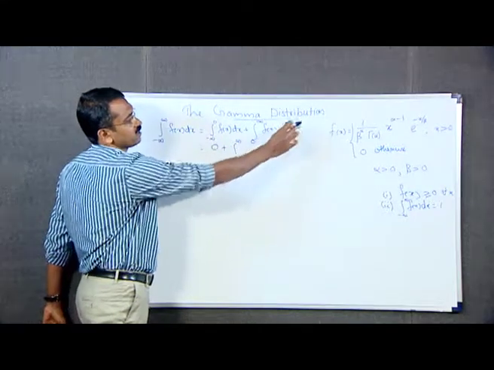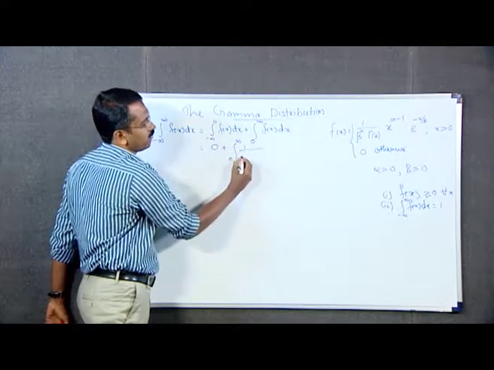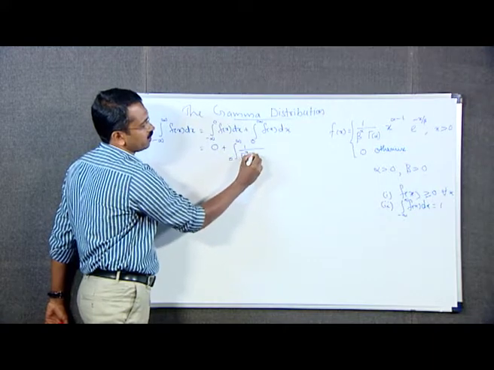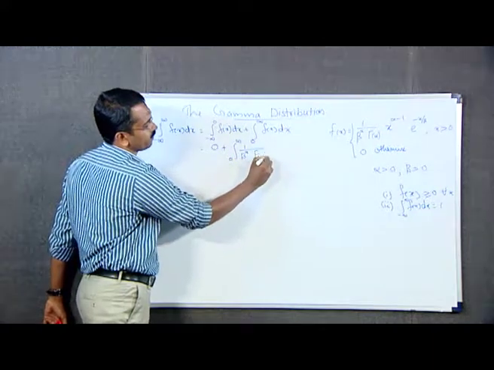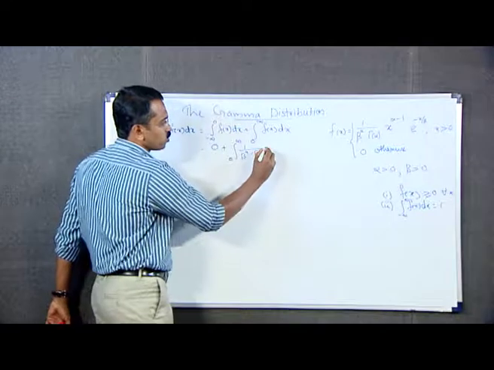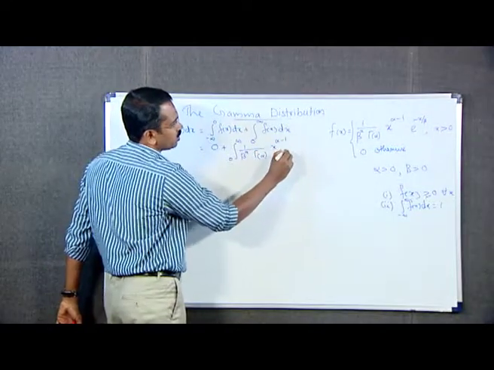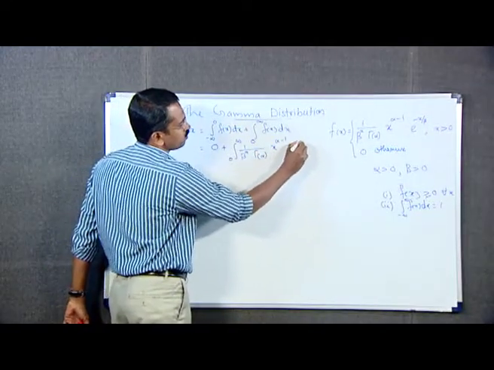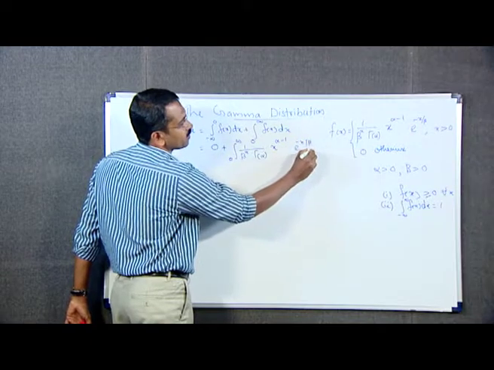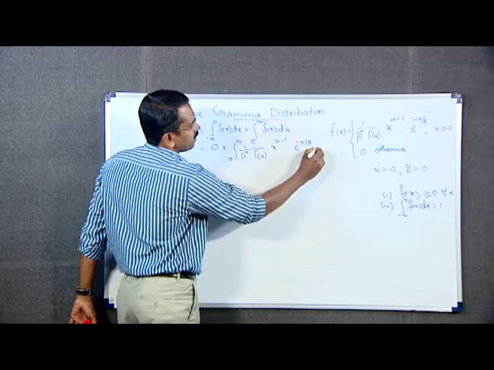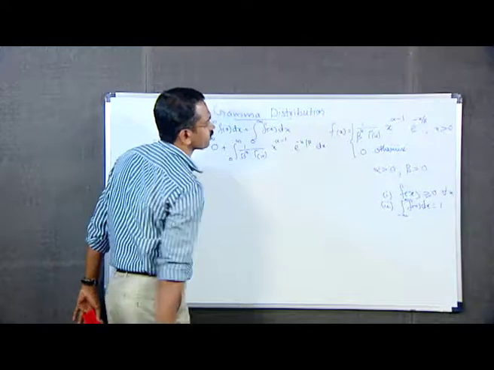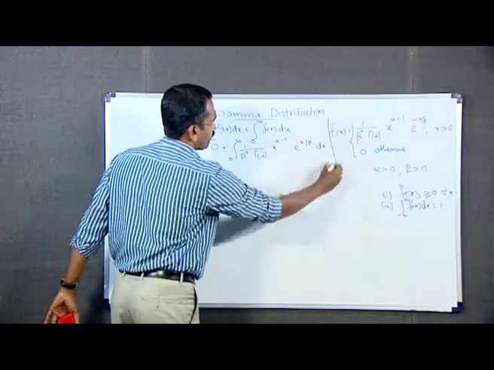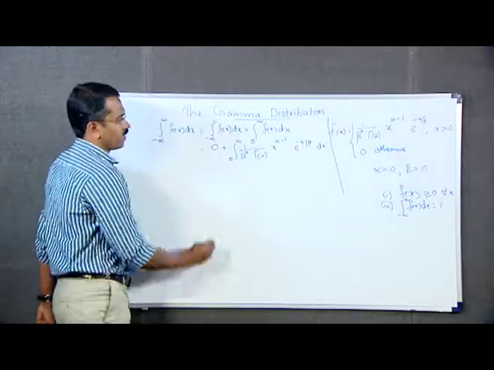In this case, the function is defined as 1/(β^α Γ(α)) x^(α−1) e^(−x/β) dx.